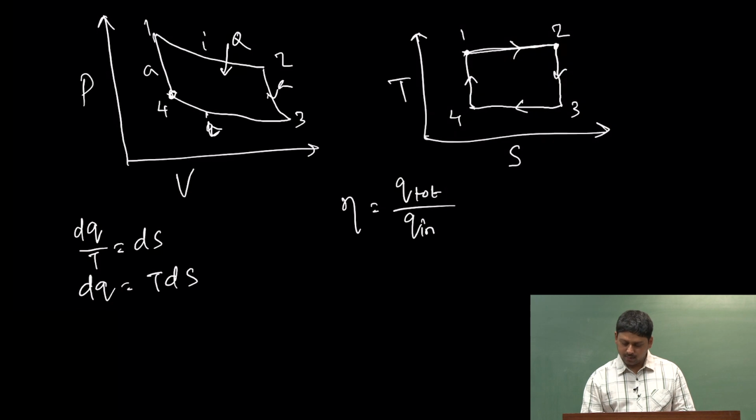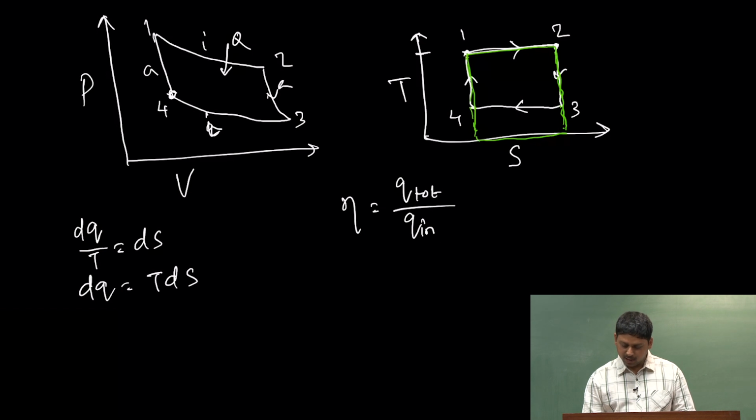Let me draw that and show you. The whole green region is the area corresponding to the heat input. And how do we get that? We can get that from the expression.